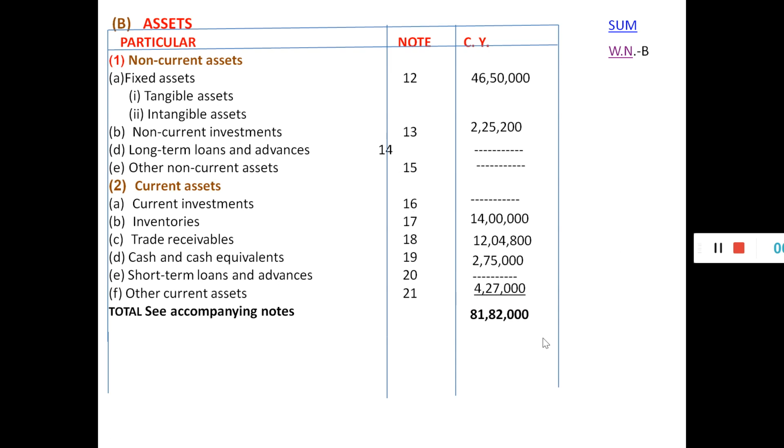So total 81 lakh 82,000. Total would be the same on both sides, equity and liabilities and assets, non-current assets and current assets, rupees 81 lakh 82,000. Example is completed.